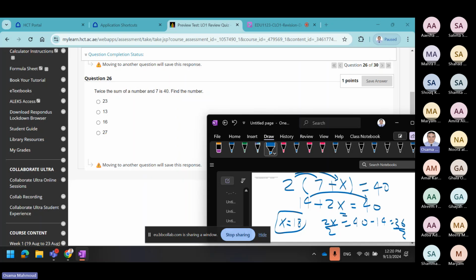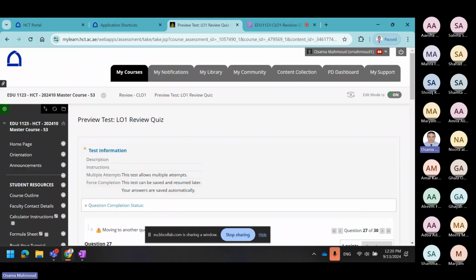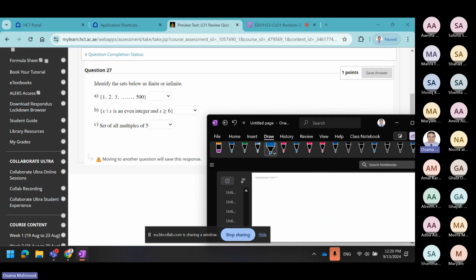Yes, I'm correct. 2 times 7 is 14 plus 2x. 40 minus 14 is not 36, it's 26. This is my mistake. So 26 divided by 2 is 13. So be careful when you are doing this one, okay? Sometimes I make mistakes on purpose, but everyone makes mistakes, okay? So you have to recheck, you still have time.